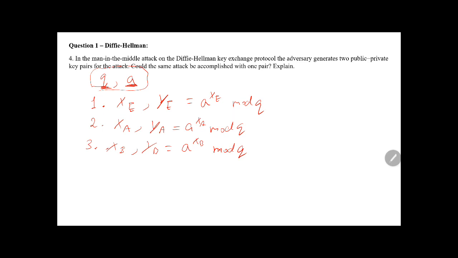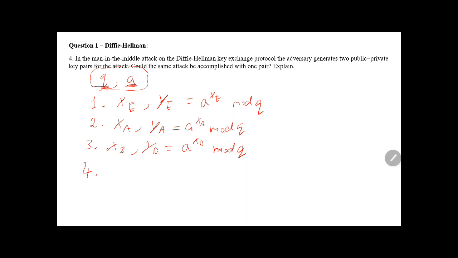Now comes the step where Eve can intercept and intervene within the communication and hack it. So in the fourth and last step, after Alice has generated her public-private key pair, Bob has generated his, and of course Eve has generated her public and private key pair, A should send to B her public key YA.